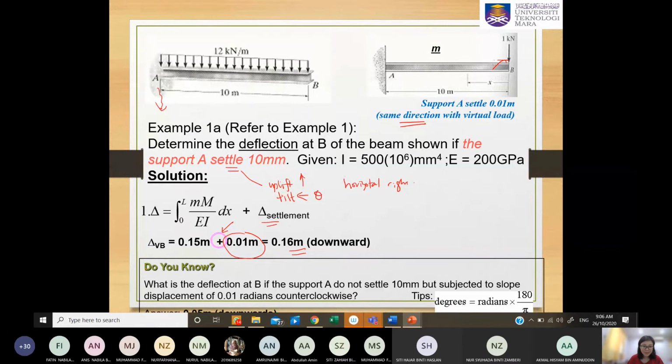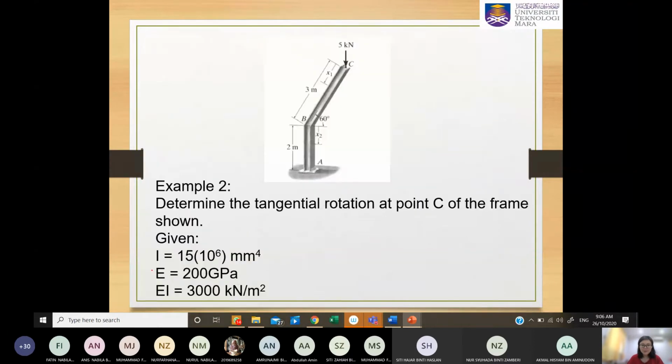So here you can also read and answer my question. I would like to determine this for the frame, this rotational displacement.